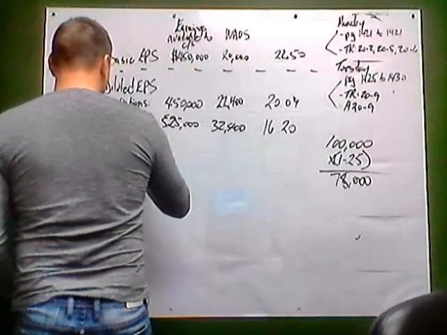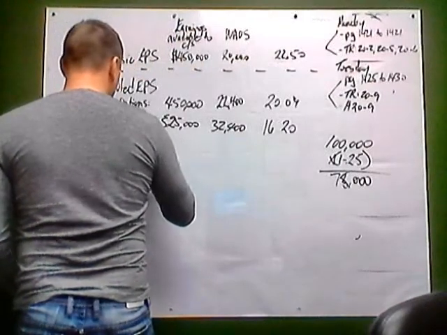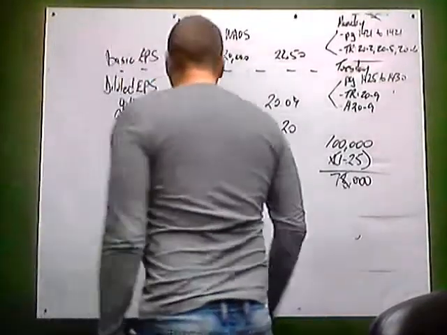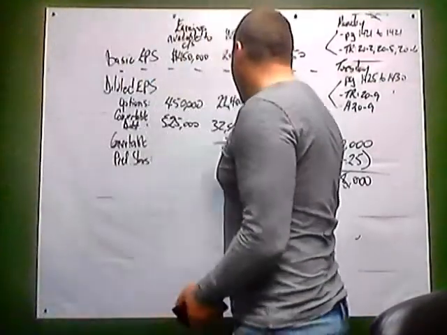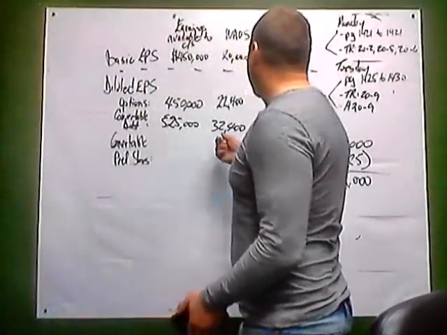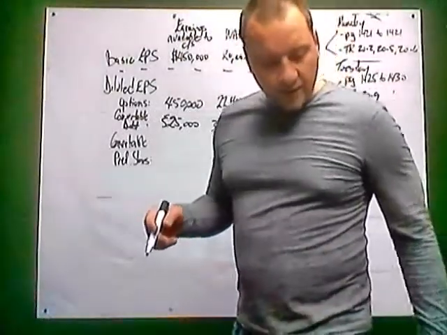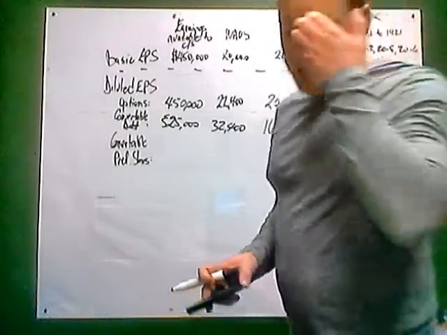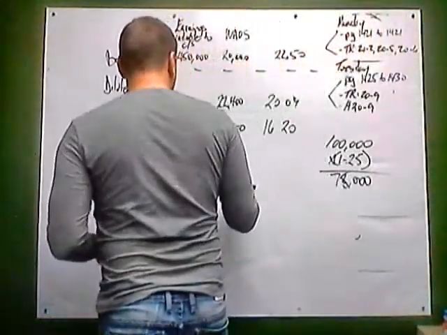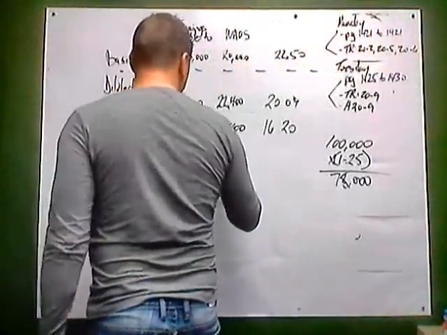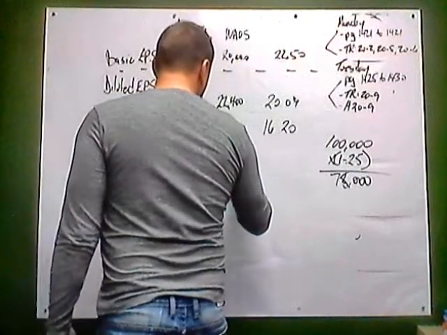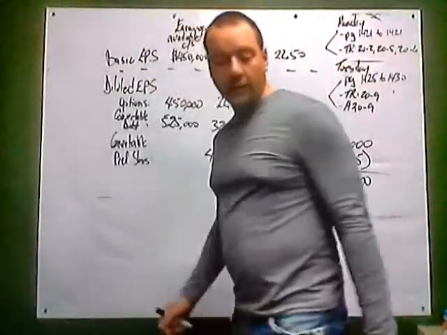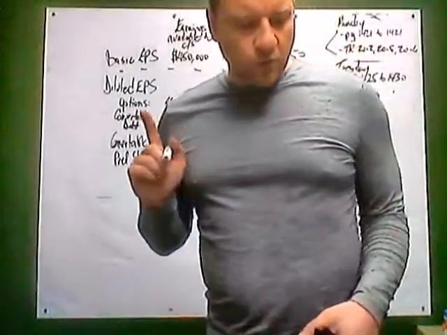Convertible preferred shares. So as a result, instead of 32,400, we're going to add in another 10,000 shares. For every 1 preferred share, you get 10 common shares. So now we're at 42,400. Okay, great. But we also got to remember one more thing.